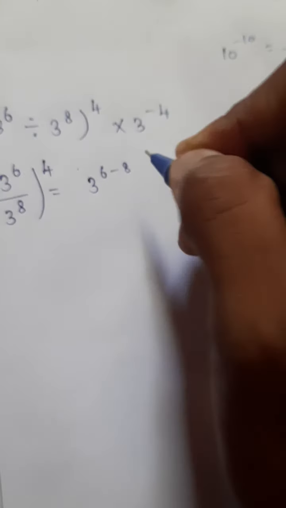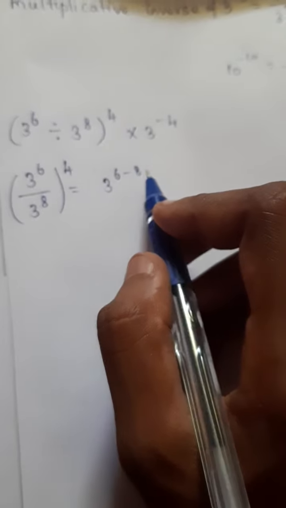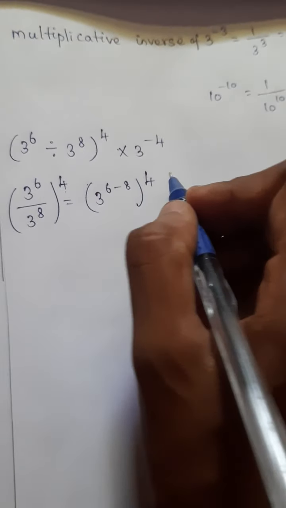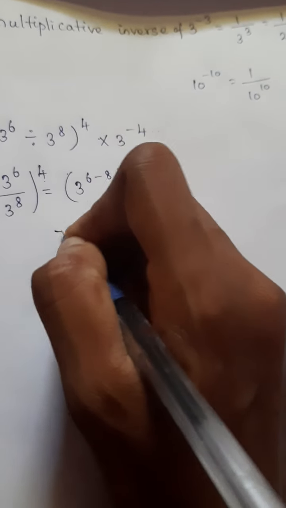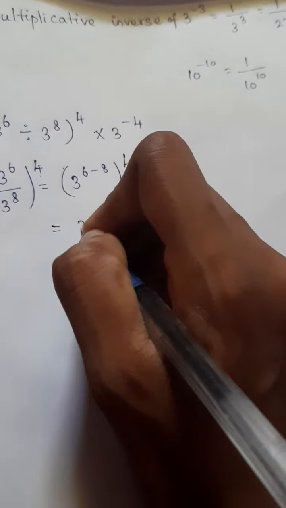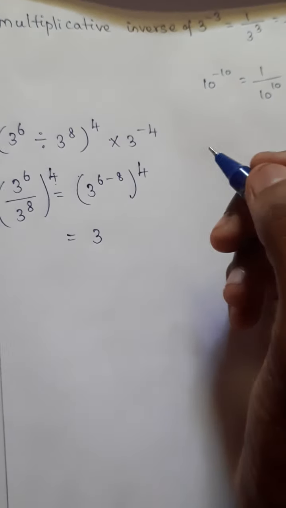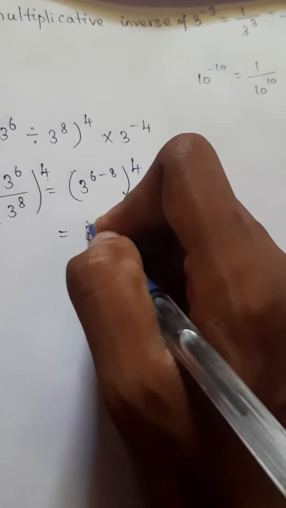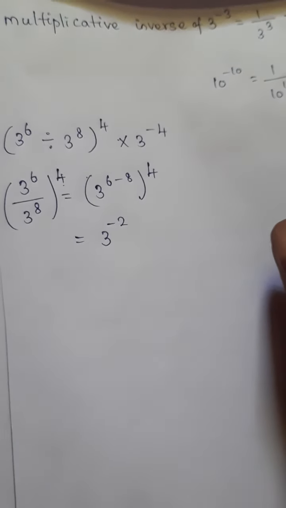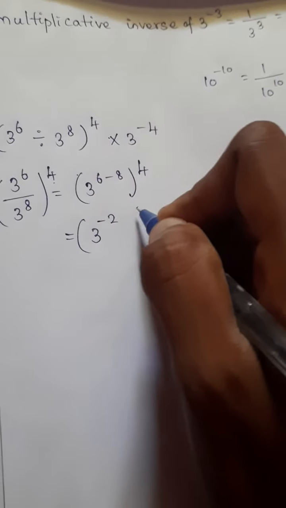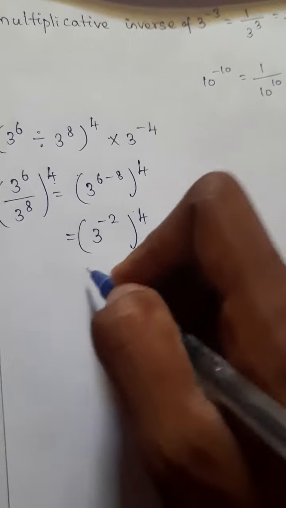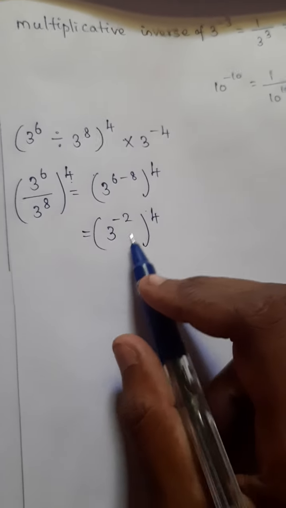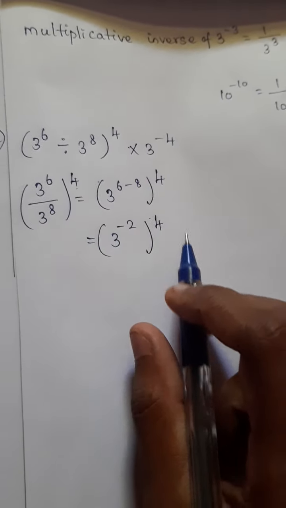Powers will be subtracted: 6 minus 8, to the whole power 4. What is 6 minus 8? Minus 2. The whole power 4. 3 power minus 2, the whole power 4.